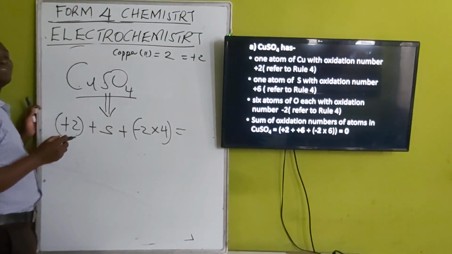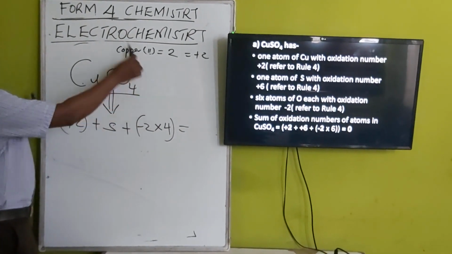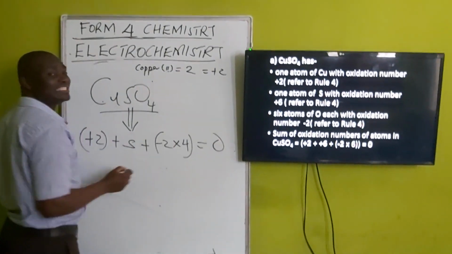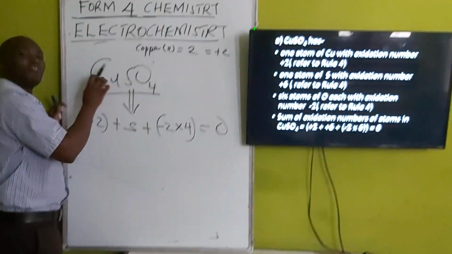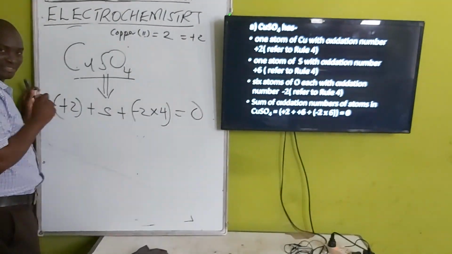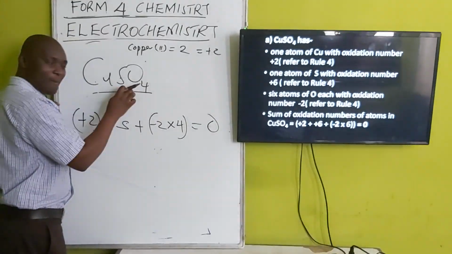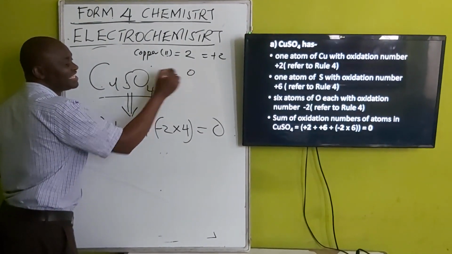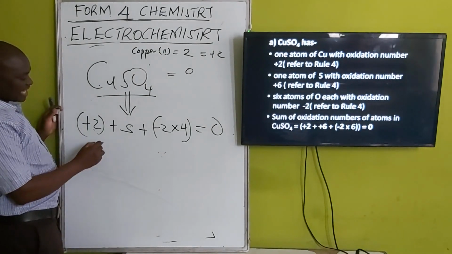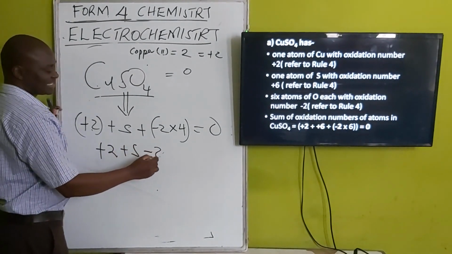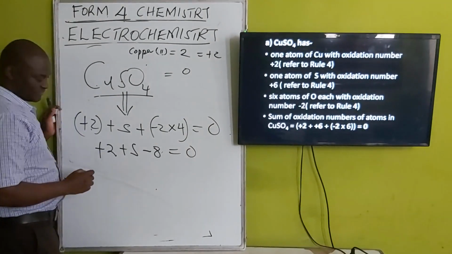So this one should give us the overall charge. And the overall charge on this compound is 0. So the sum of the oxidation numbers of the elements forming a compound is 0. So we'll say this is +2 plus sulfur, -8, is equal to 0.